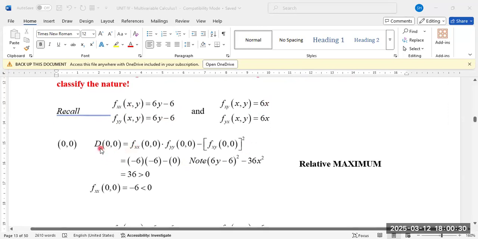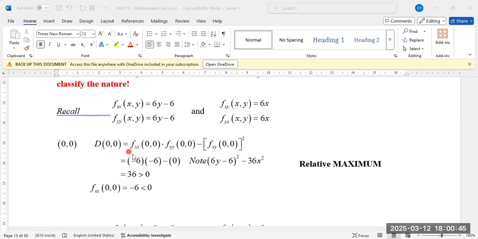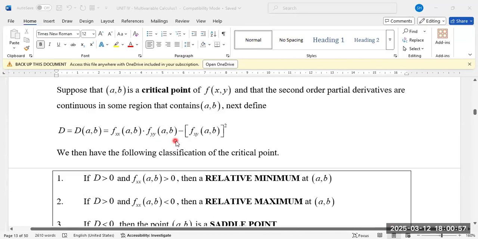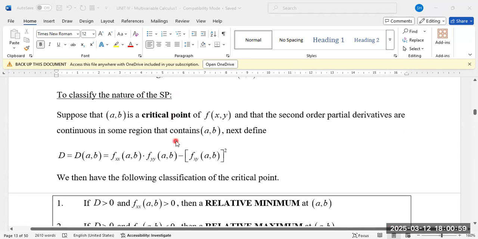So in order to substitute it, this is now the last part of the question, to classify the nature of the critical points. What you're doing is to say f of x minus f of y times f of xy all squared. Your stationary point is 0, 0. So your f of xx at the critical point 0, 0.